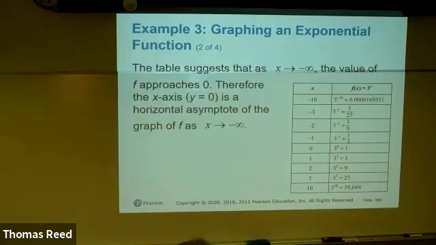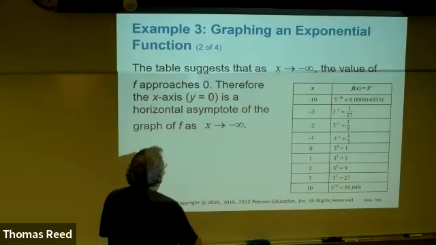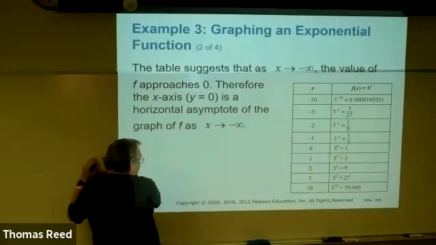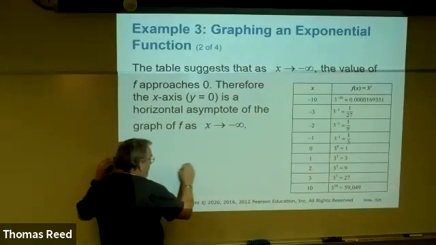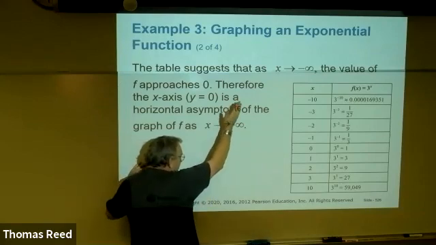The table suggests that as x goes to negative infinity, the f values approach 0. Therefore, the x-axis, y equals 0, is a horizontal asymptote of the graph as x goes to negative infinity. So it's a horizontal asymptote for the left-hand side. On the right-hand side, it doesn't go down, because it's always increasing.